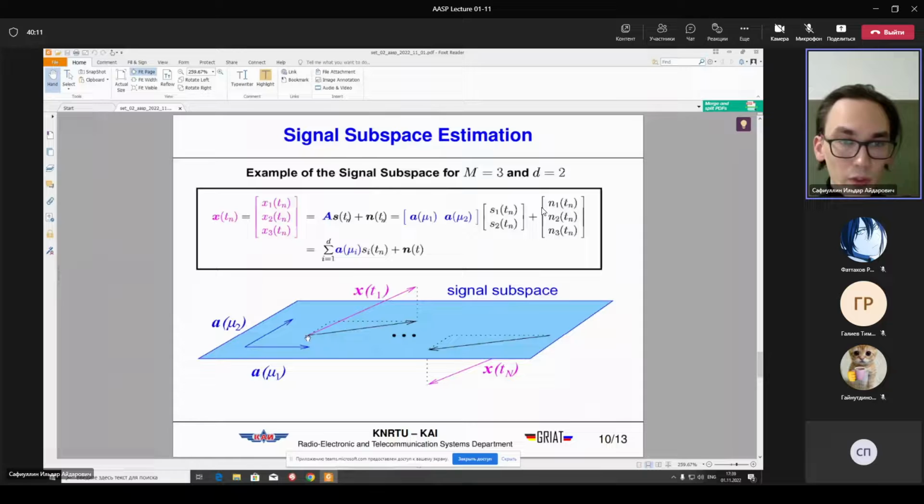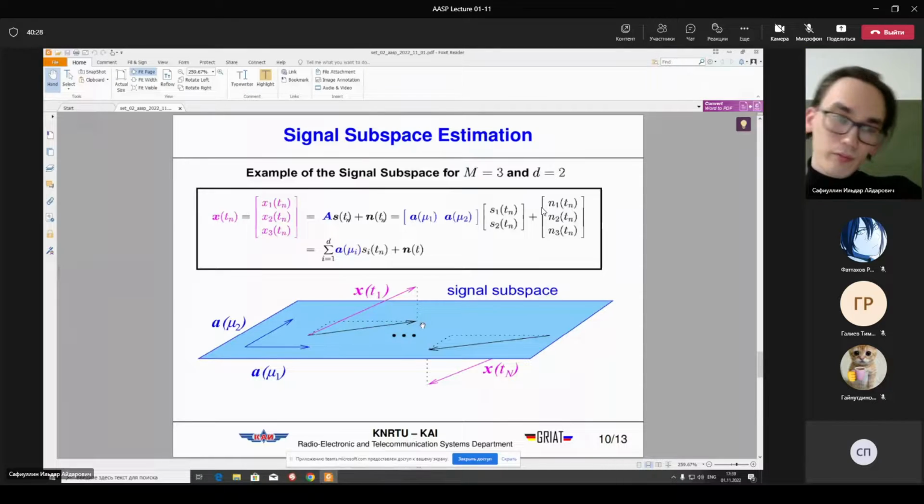Each measurement will be some vector in 3D, but we need to project it onto our signal subspace, and we will have some projection of this measurement vector with some errors, of course.